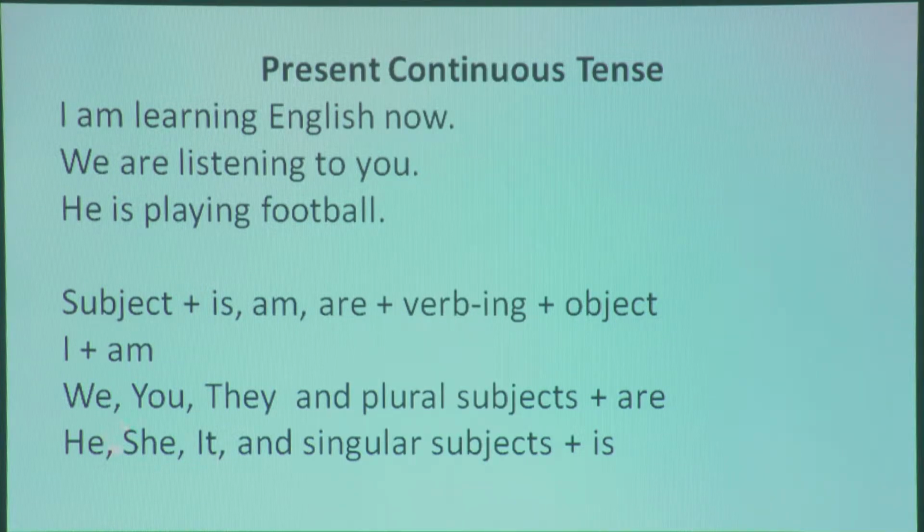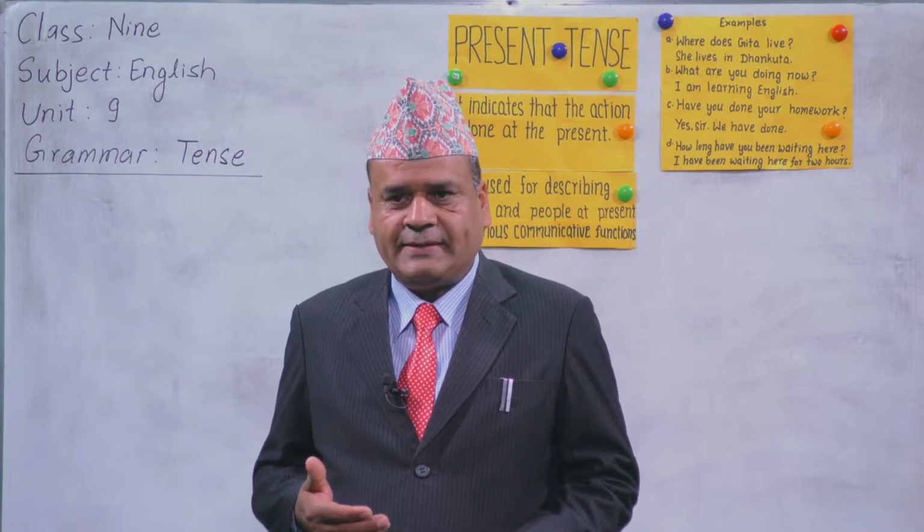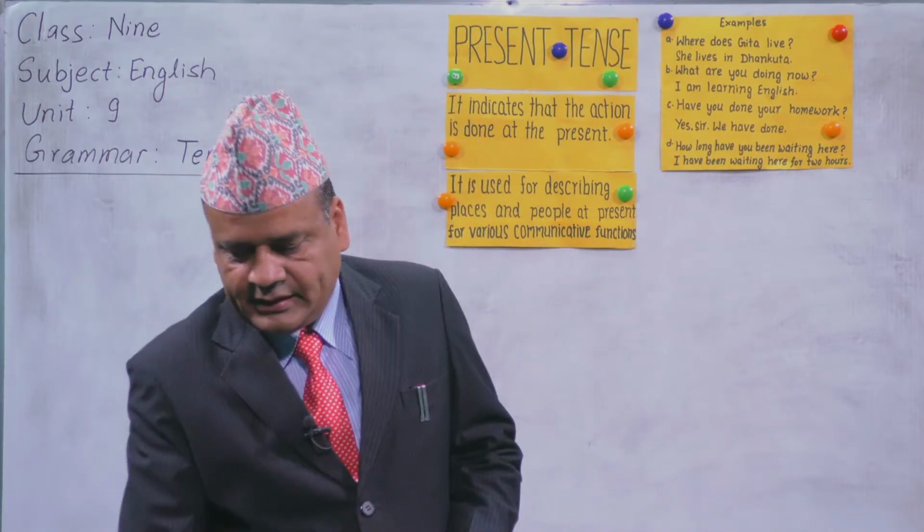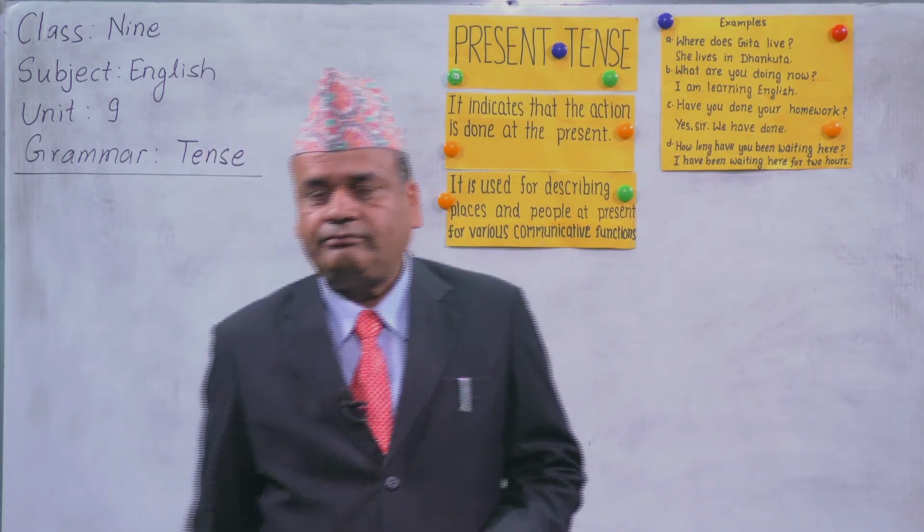Okay? And he is, she is, it is, and a boy is, a girl is, a man is, a woman is. You can use singular subjects. I hope you got the idea about present continuous tense. Okay? So let's move to the next.